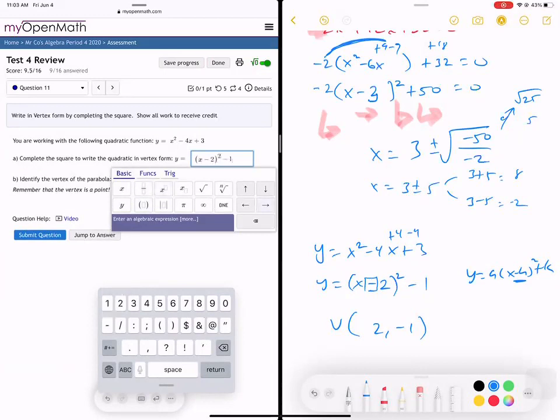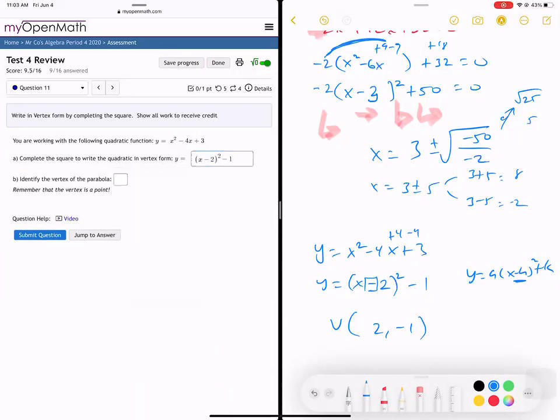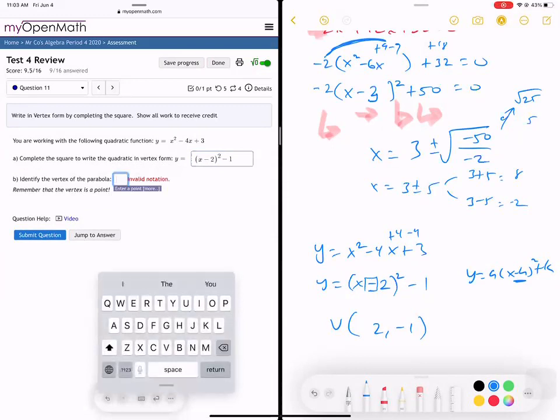In this one, you don't have to write the y is equal to because the y is equal to right in the front. And then let's go ahead and check the vertex. The vertex is going to be parentheses 2 comma negative 1, and then close it.